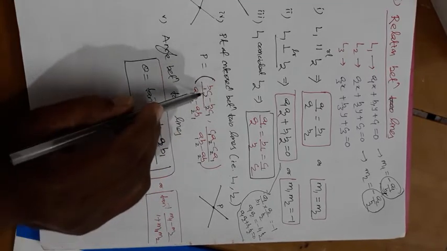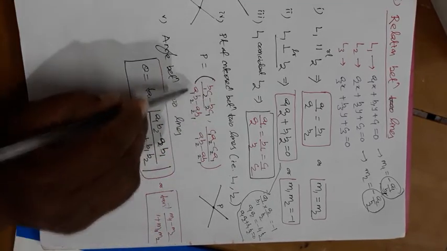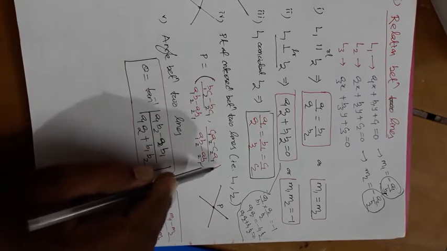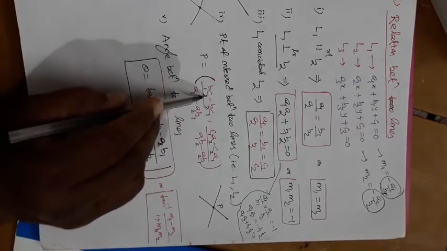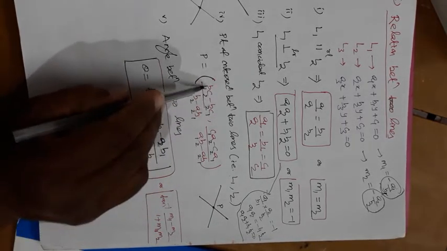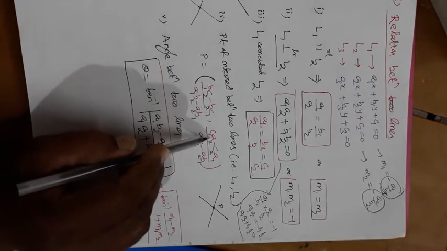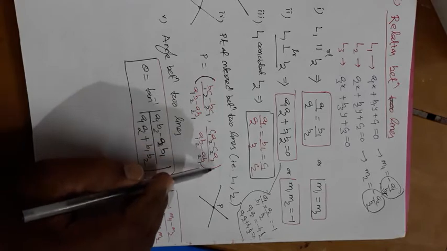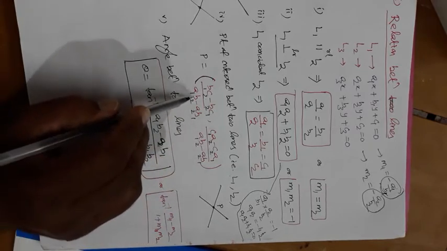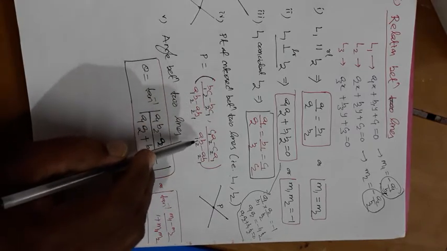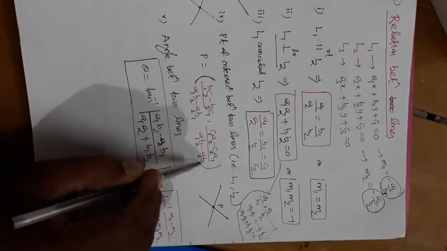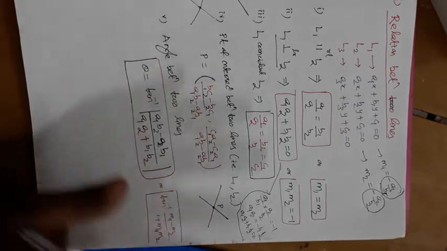The formula is x by b1 c2 minus b2 c1, y by c1 a2 minus c2 a1, and 1 by a1 b2 minus a2 b1. This is the answer and you have to find it.